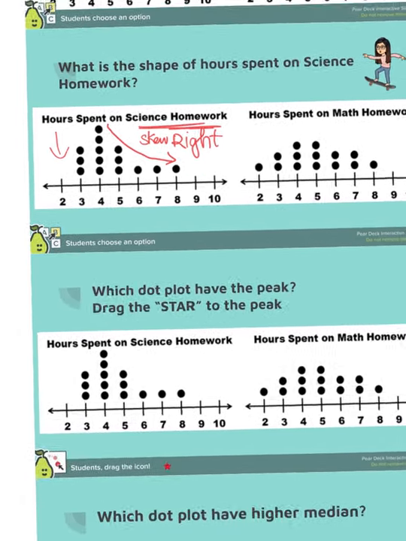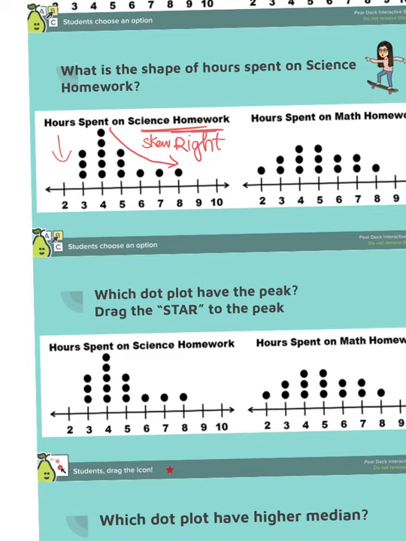Next one. Which dot plot has the peak? Drag the star to the peak. So on your Peardeck, you're going to drag the star to where you see the peak. Pause the video and drag.